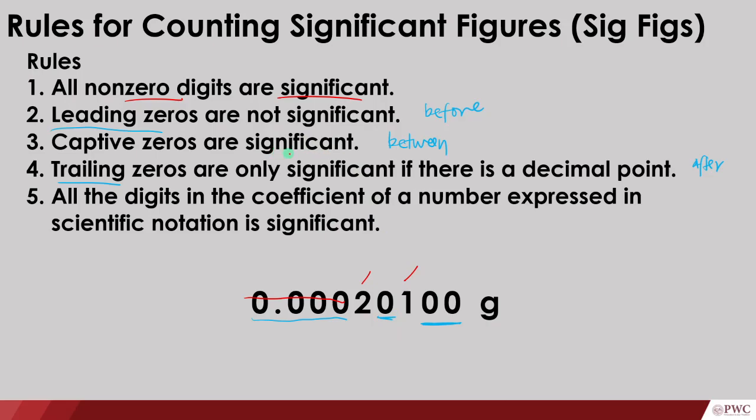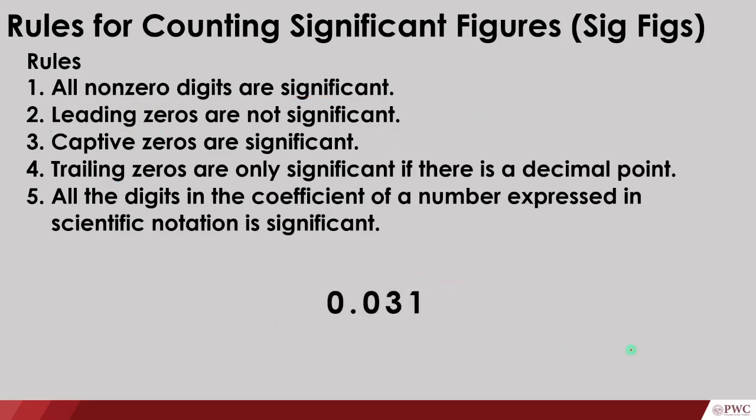Captive zeros are significant, so we also count this as significant. And then we have here trailing zeros. Trailing zeros are significant if there is a decimal point. And on this number, we have a decimal point, so we will consider these as significant. So overall, we have 1, 2, 3, 4, 5. This number has 5 significant figures.